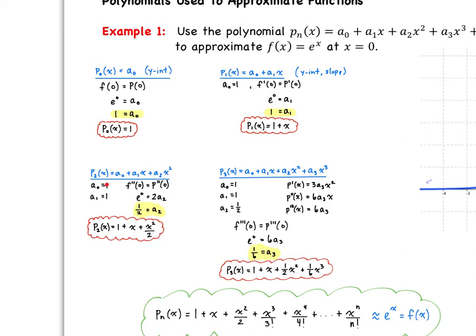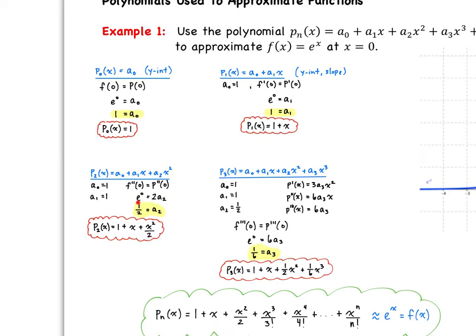The first derivative, this guy goes away. Second derivative, this term will go away. And now we're just going to be left with 2a2. So the second derivative of f is e to the x, or e to the 0 when we plug 0 in for x. And the second derivative of the second degree polynomial is going to be 2a2.